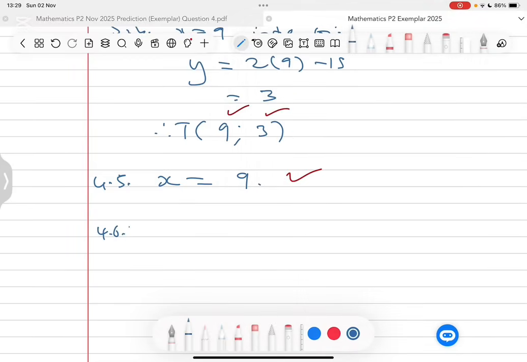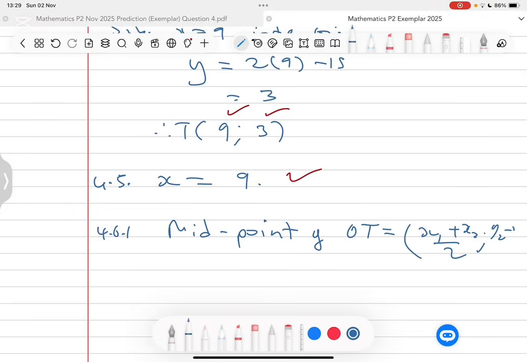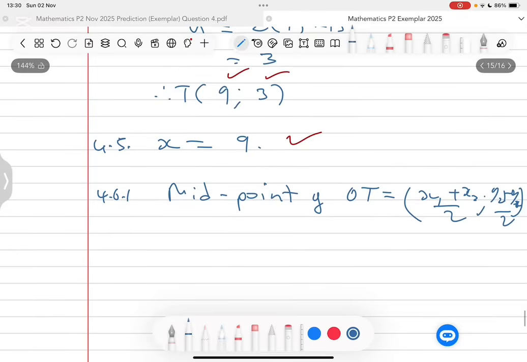So we are going to do 6.1, where we're going to say the midpoint of OT is really going to be equal to x1 plus x2, y1 plus y2, sorry.